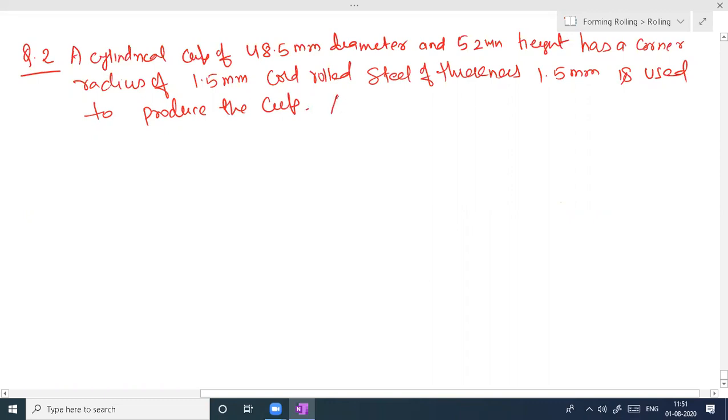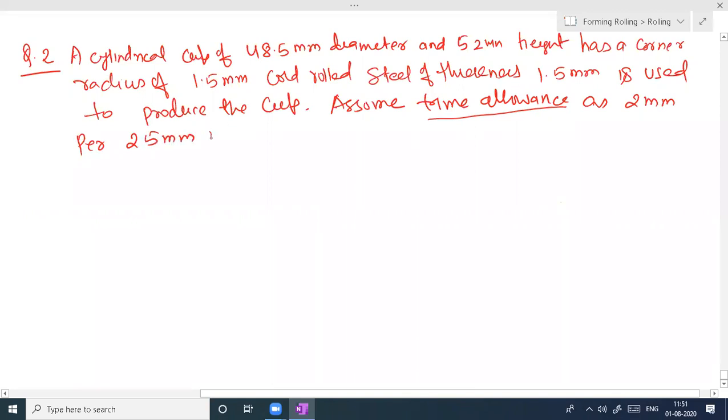Assume trim allowance as 2 millimeter per 25 mm of cup diameter. What is the blank size?